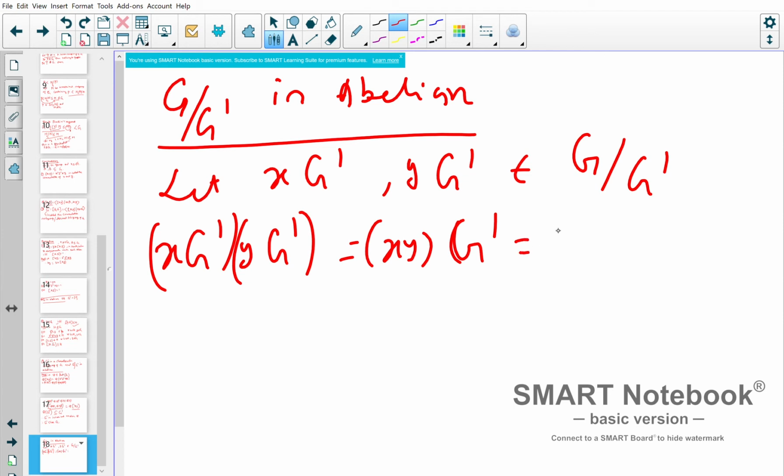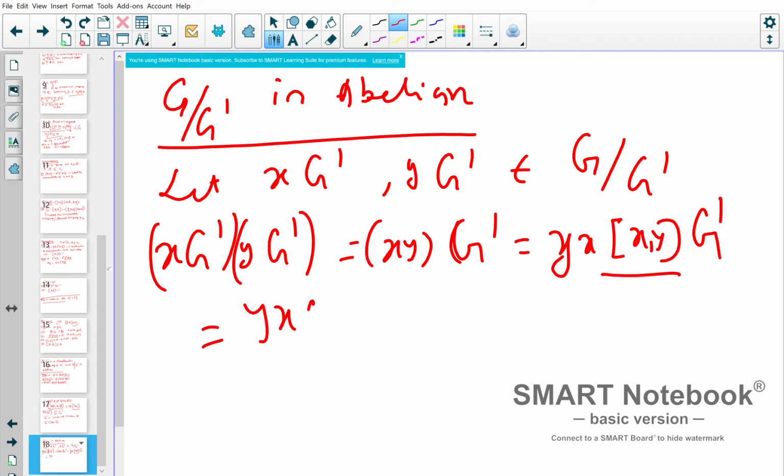Now we know that xy equals yx times the commutator of xy, by the first property we proved. But the commutator of xy is already an element of G dash, so you can write it as yx G dash. That means it is the coset of y times the coset of x.